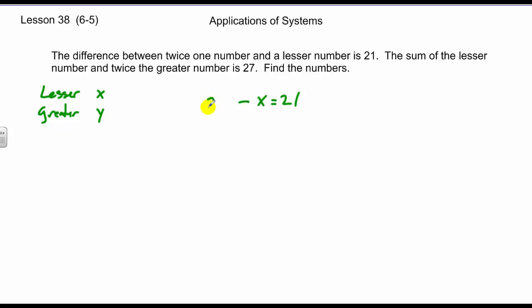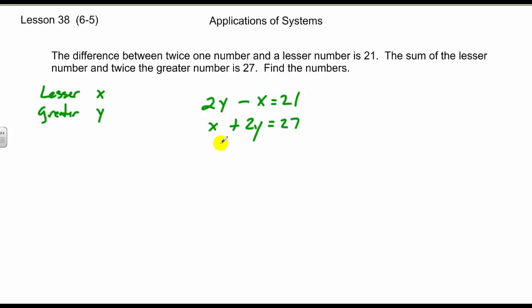And it said twice the other number. So 2y minus x is 21. And then it says the sum of the lesser, so the lesser was x, and twice the greater, that's y, is equal to 27. And we want to find those two numbers.